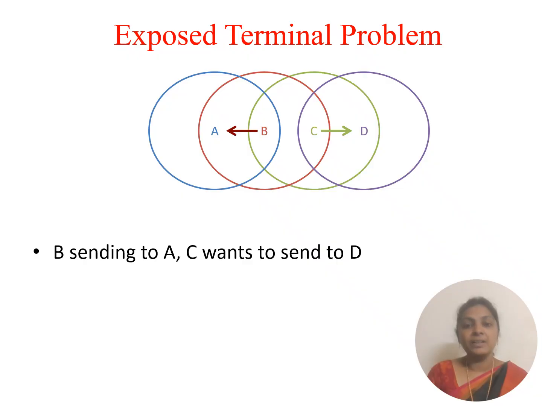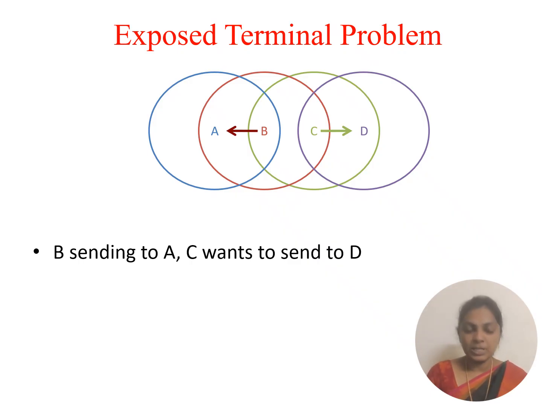Since C is exposed to B's coverage range, this problem is called the exposed terminal problem. But actually B is sending to A only, whereas C's intended recipient is D only.